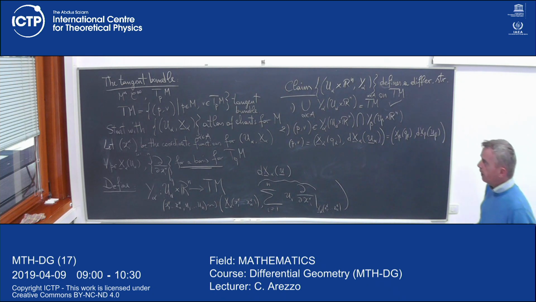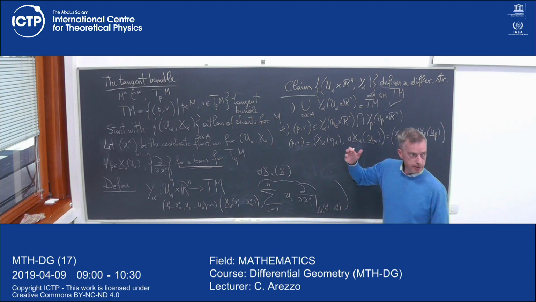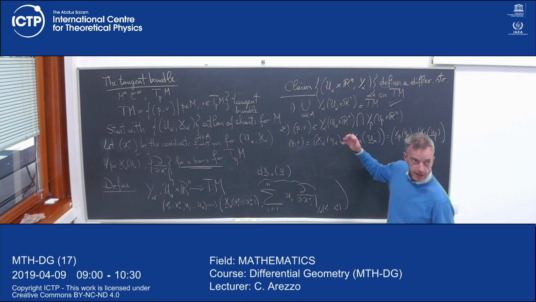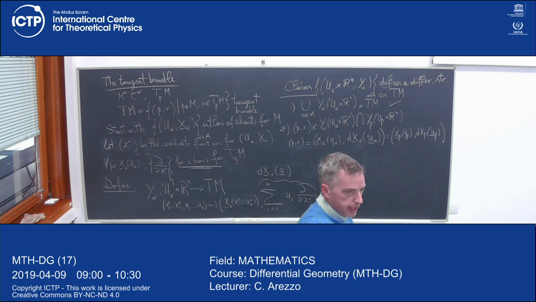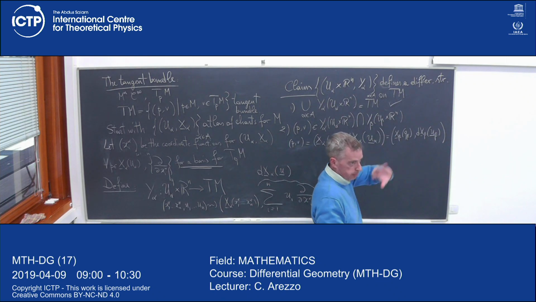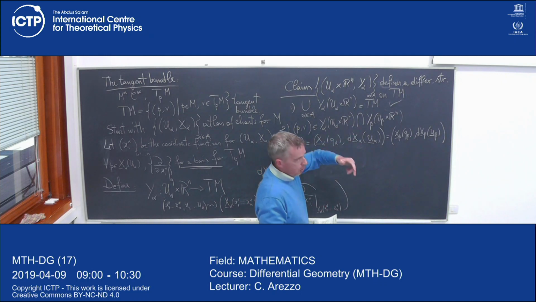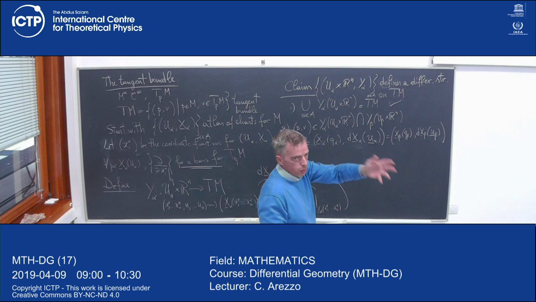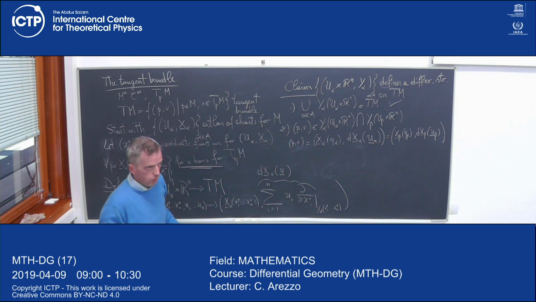Okay, this is a general fact, but what do we have to write in order to check the change of charts? If I take the gray area, remember in the picture that we stopped doing, now these two things intersect, there is a gray area, so that means there is a transition between the gray area inside U alpha and the gray area inside U beta. And the transition is of course given by what? Y beta inverse composed Y alpha, or vice versa, in one of the two ways.